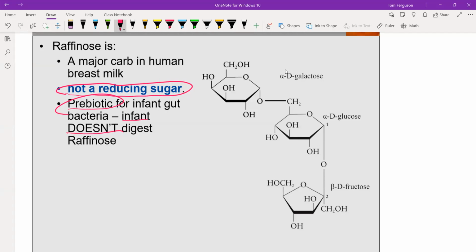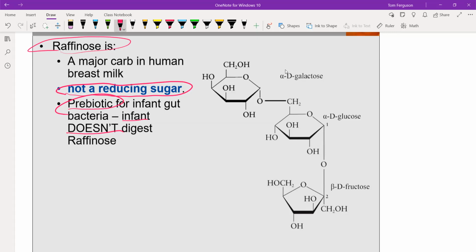What it does, it passes on through to the baby's gut where the bacteria feed on it. So it's very important to include this in all formula for infants if they're not breastfeeding. Cheap formula doesn't have it in it.